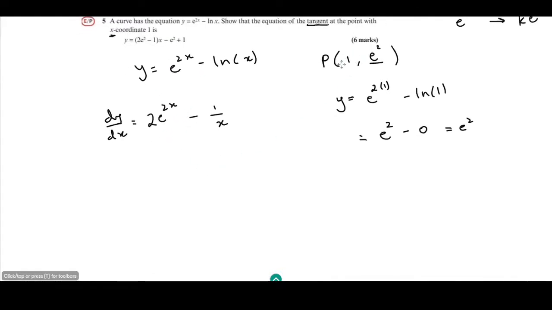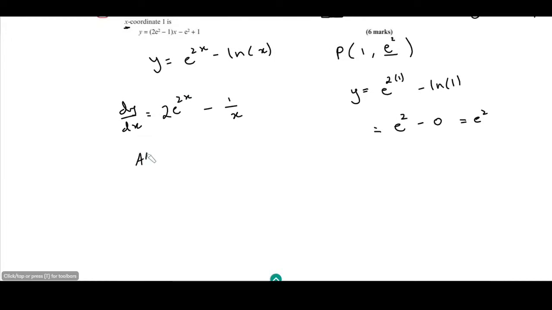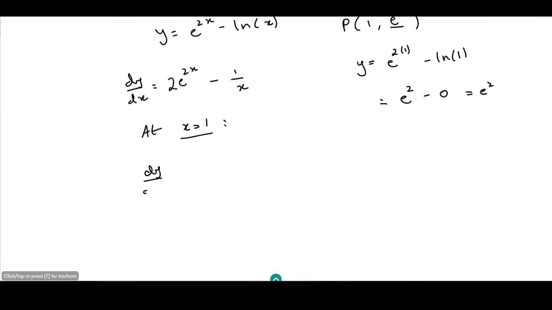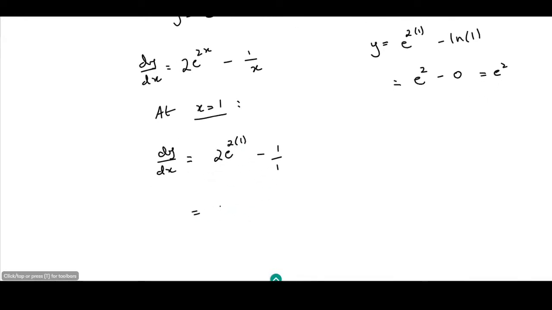Now, plugging in this x coordinate tells us the gradient of the curve at this point. So, let's plug in x equals 1. Our derivative becomes dy by dx equals 2e to the 2 times 1 minus 1 over 1. 1 over 1 obviously is just 1. So we have 2e squared minus 1.